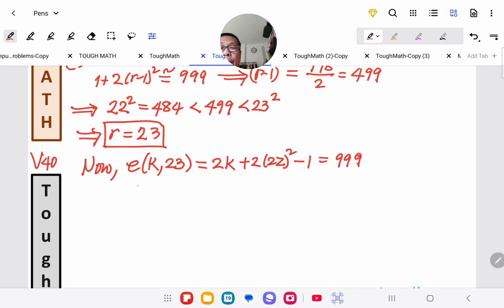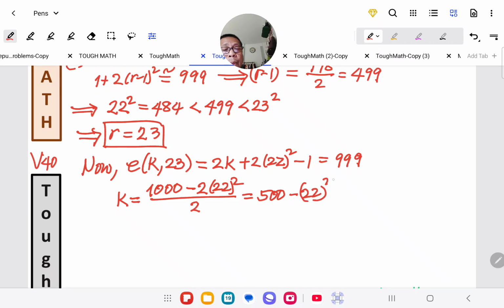Therefore K is equal to (1000 minus 2 times 22 squared) over 2, which is 500 minus 22 squared, which is 500 minus 484, which gives us 16.